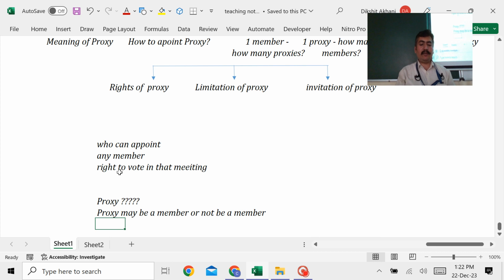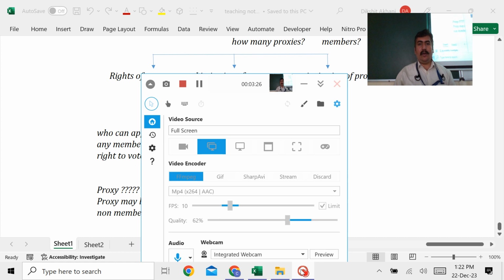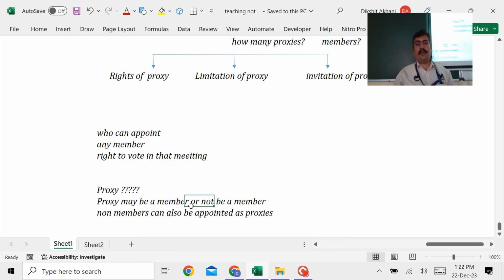In fact, non-members can also be appointed as proxies. Most welcome. There is nothing wrong in that. You can do it.